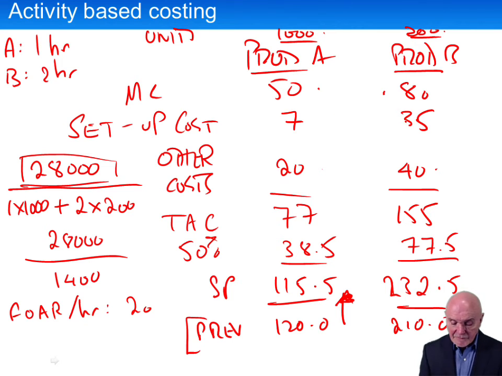It's interesting here that nearly the next substantial cost is the setup cost, particularly in B. And I said that the place to find high cost savings is to go for the high costs. And here there's a huge difference between the 35 and the 7.